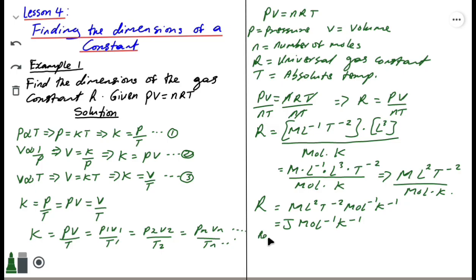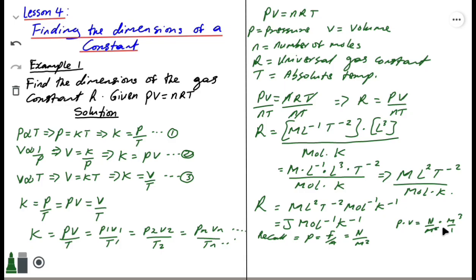I need you to recall that pressure equals force over area, and the unit is Newton per meter squared. Now, if we multiply this unit by the unit of the volume given here, we have pressure multiplied by volume. This will be N over M squared multiplied by M raised to the power of 3.